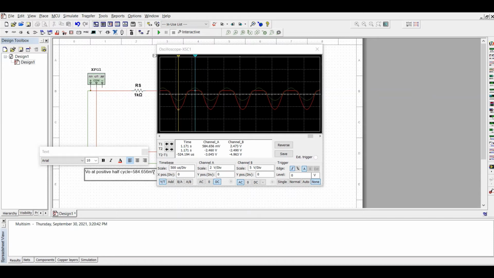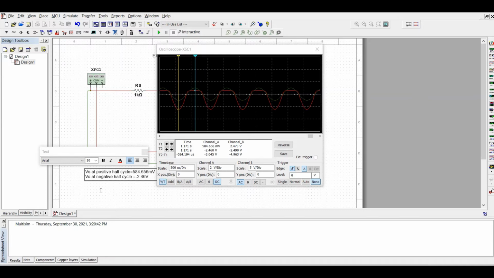So VO at negative half cycle is minus 2.46 volts.